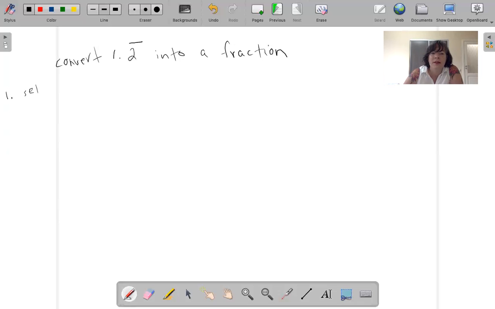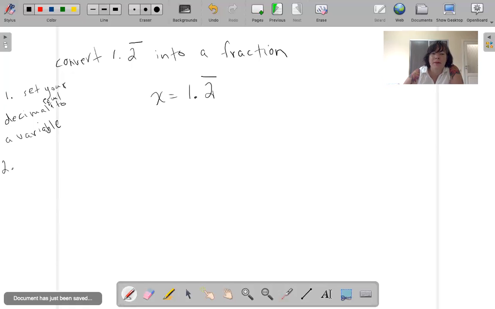First, set your decimal equal to a variable. X equals 1.2 repeating. What do we do next?